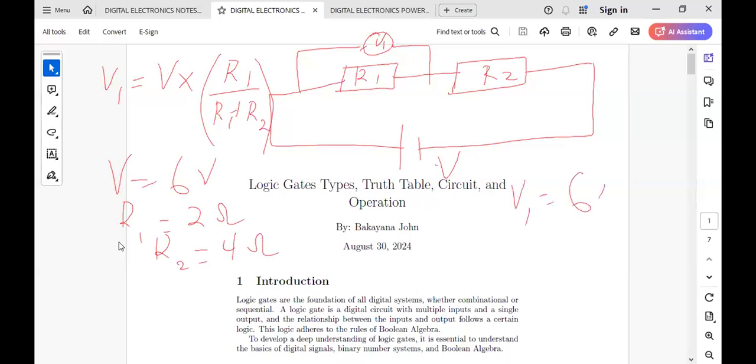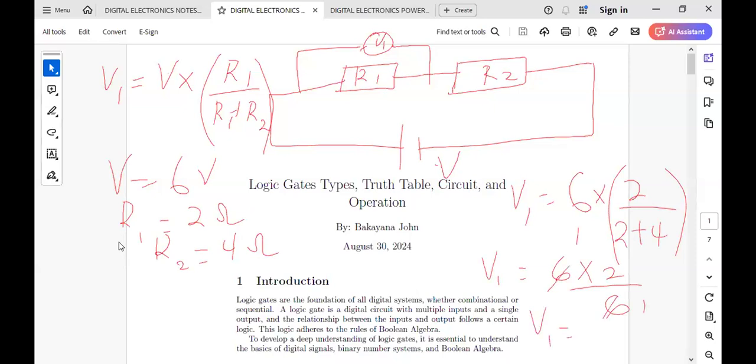The total voltage times R1, which is 2, out of R1 plus R2, that is 2 plus 4. So we shall get 6 times 2 over 6. Of course, this can reduce. So V1 becomes 2 volts. Is that okay?